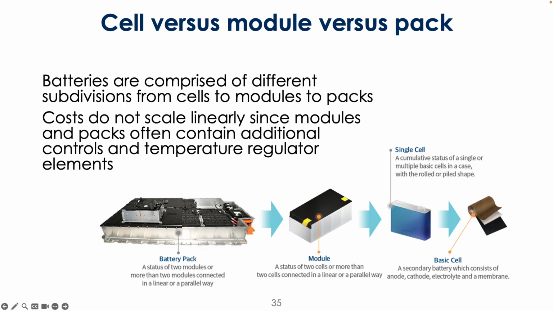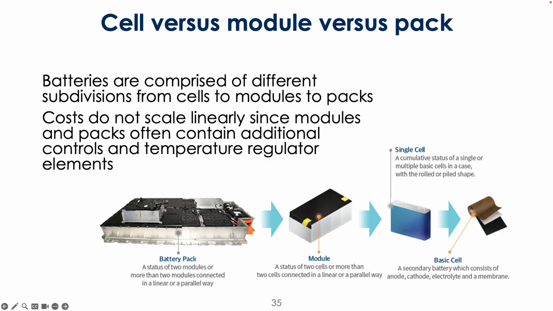When that manufacturer produces the battery, what we're really talking about are essentially these cells. Batteries are comprised of different subdivisions, the smallest one being the cell itself. Then you can have many cells as part of a module, and many modules as part of a pack.